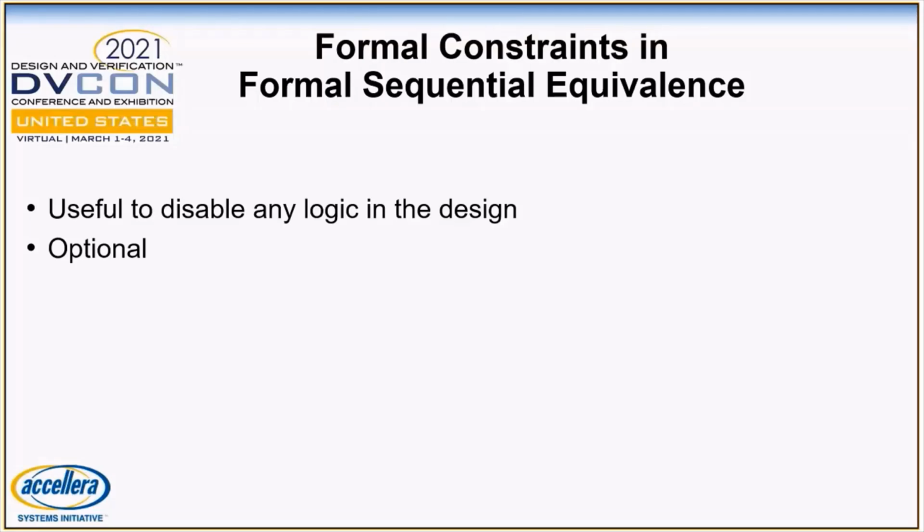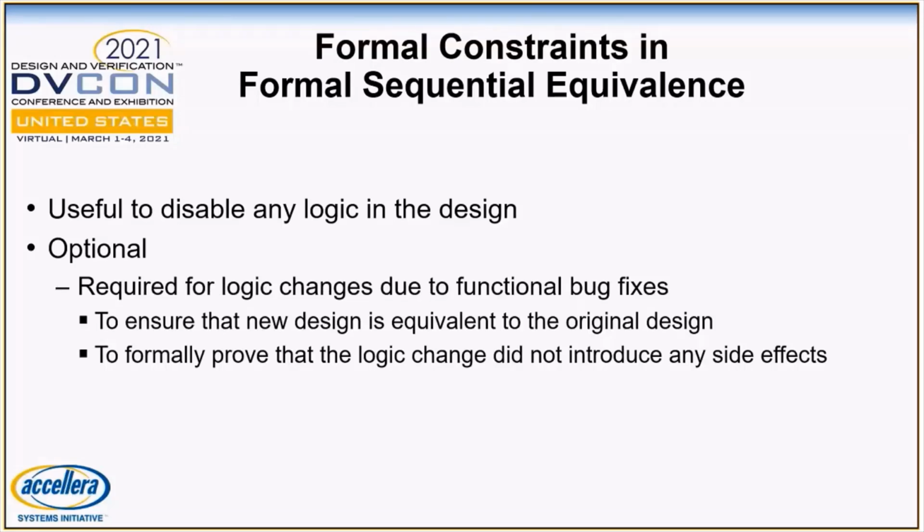For example, formal constraints are required for logic changes due to functional bug fixes. In this case, they are required to disable newly added logic when proving that the new design is equivalent to the original design, or to restrict the formal tool from exercising scenarios that can trigger the failure condition to prove that the logic changes did not introduce any new side effects.